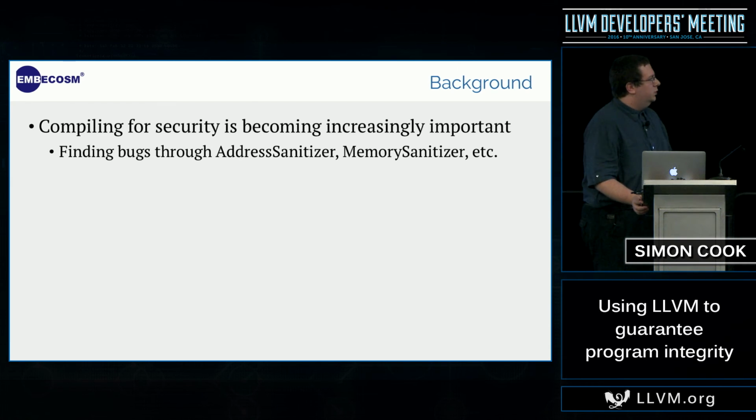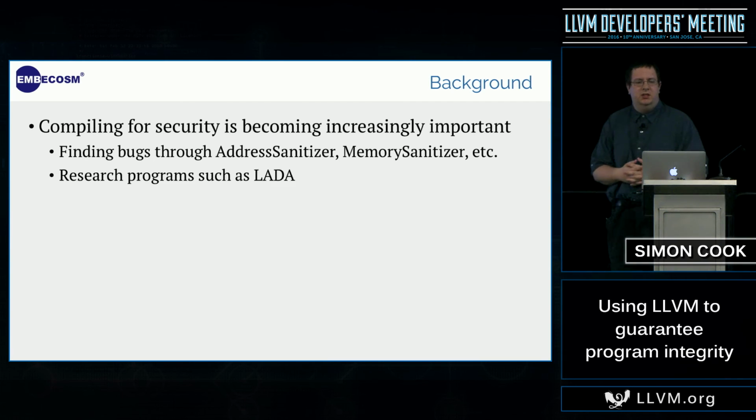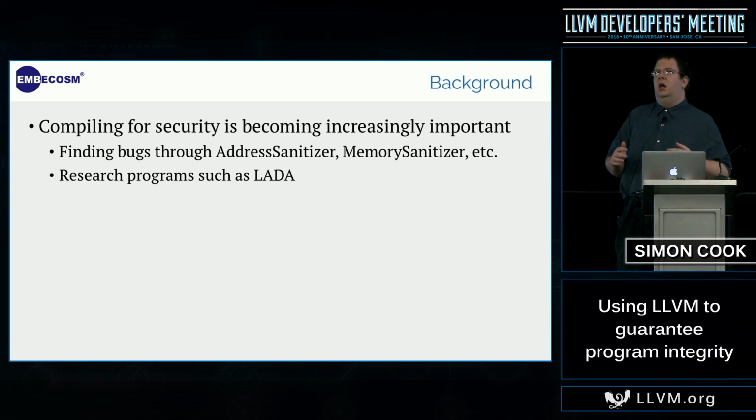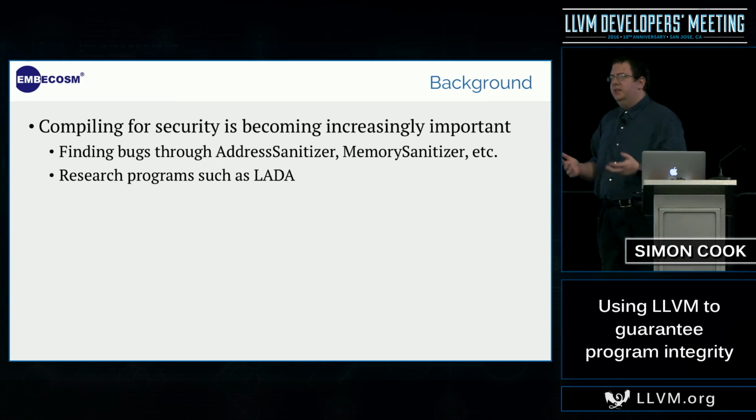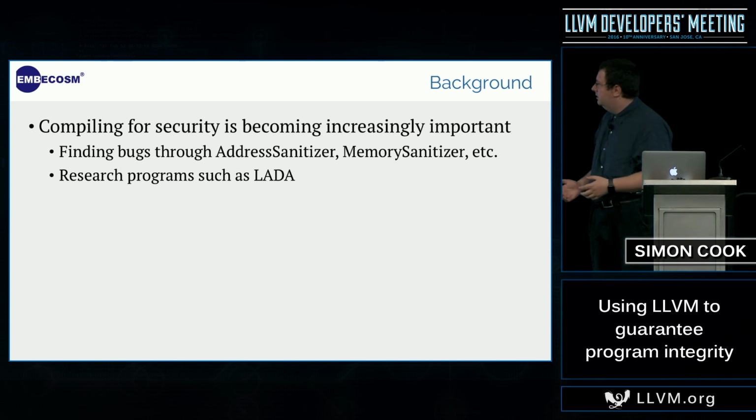And sort of adjacent to this are research programs such as the Leakage-aware design automation project, which aims to stick more compiler warnings or extend static analysis to give you more compile time information, such as what you're doing here is probably leaking information you don't particularly care about.